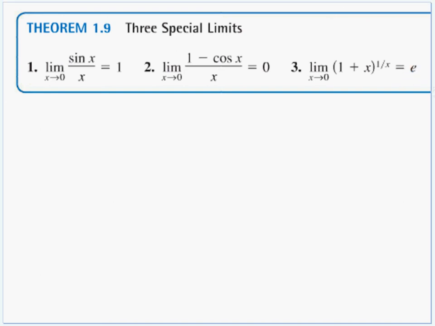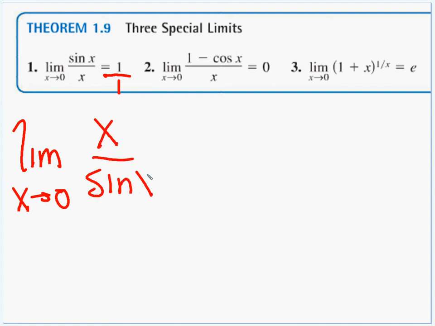And let me point out here, this does pay dividends in the homework and later in class. The first one here, you can flip upside down. If I make this equal to 1 over 1, I can flip this over. So you could say the limit as x approaches 0 of x over sine x is also equal to 1. You can't do that for number 2, though.